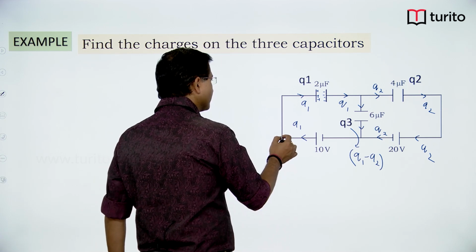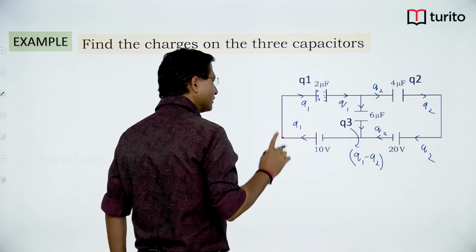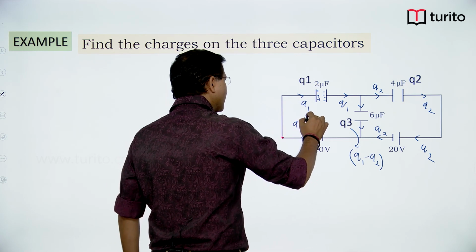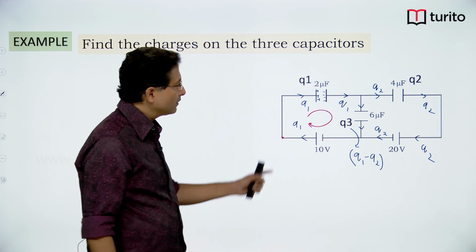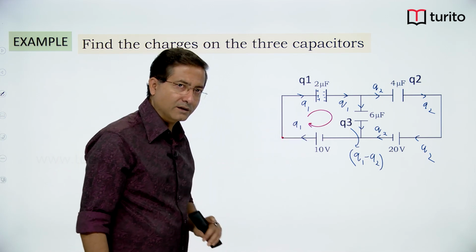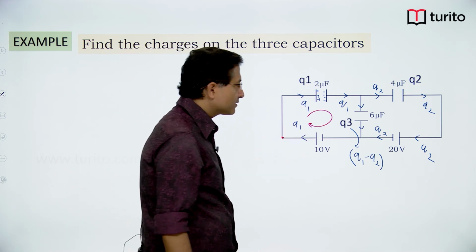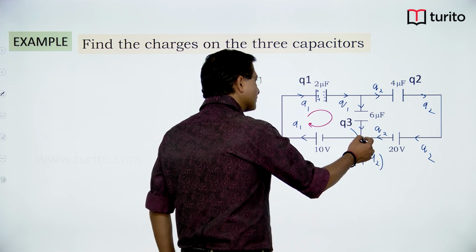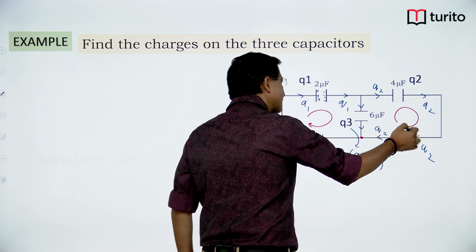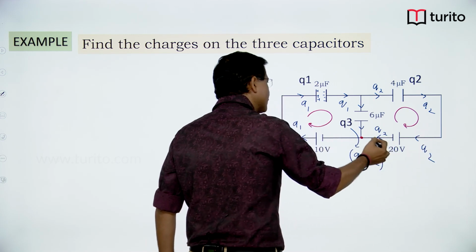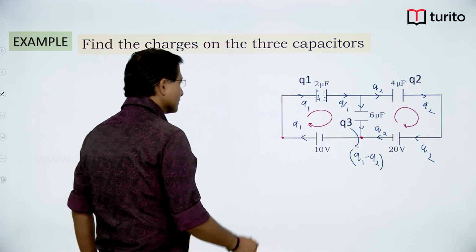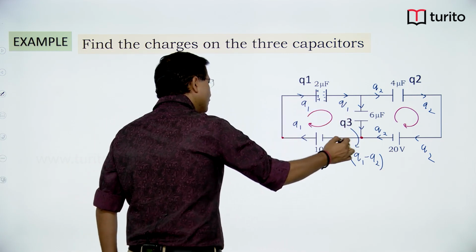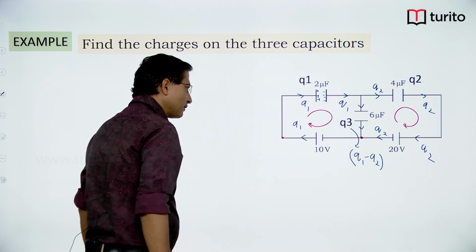So, for this particular loop I require two equations, so I will be taking two loops. You can move clockwise or anti-clockwise, it does not make any difference. Similarly, here I will start from this point and then I will get back to the same point. So, while moving through the loop, I will get back to the same point.